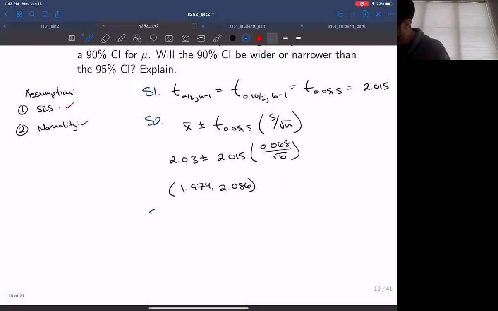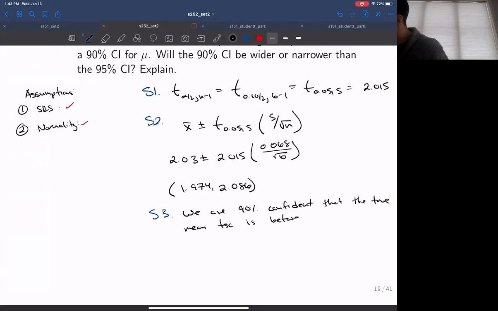Okay, and then on step 3, we can write we are 90% confident that the true mean TSC is between 1.974 and 2.086.